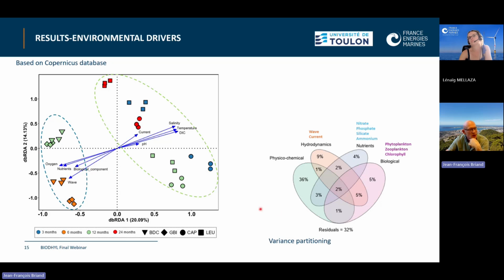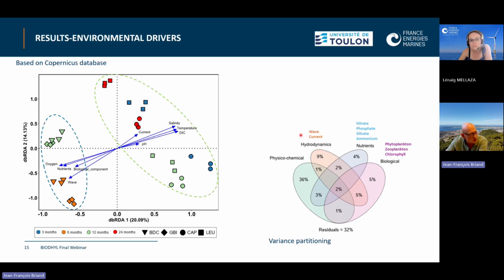And this was confirmed by the use of variance partitioning, which is a way to quantify the involvement of the parameters in this community structure. We can see that the most important parameters are the physico-chemical parameters, because it's the highest number, but hydrodynamics is the second one.